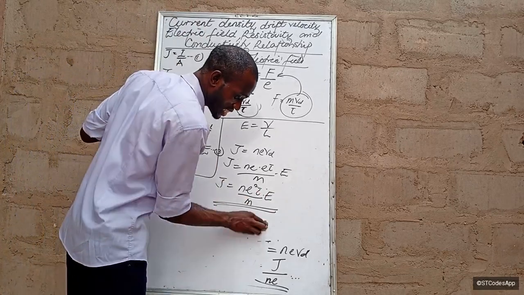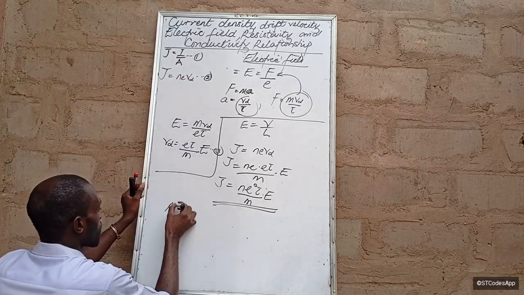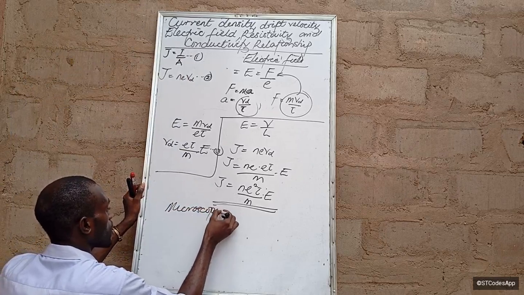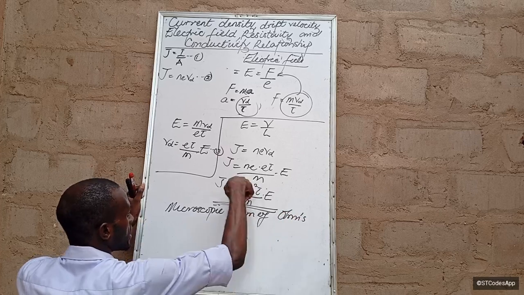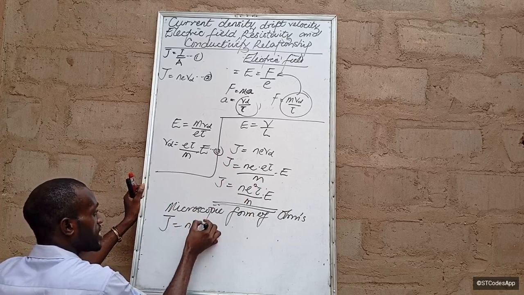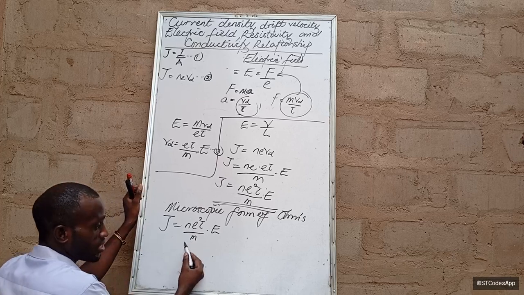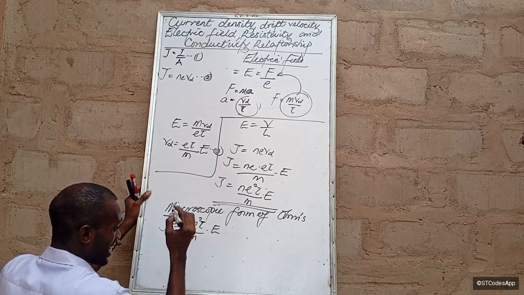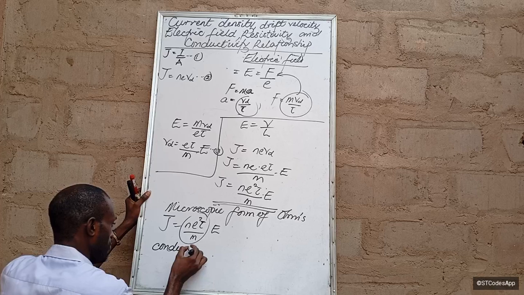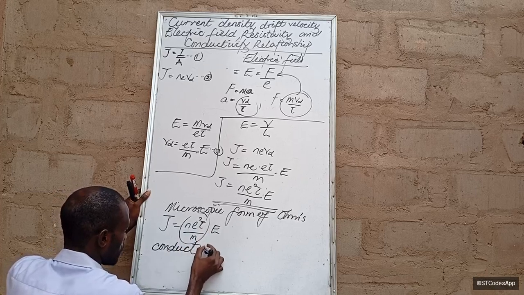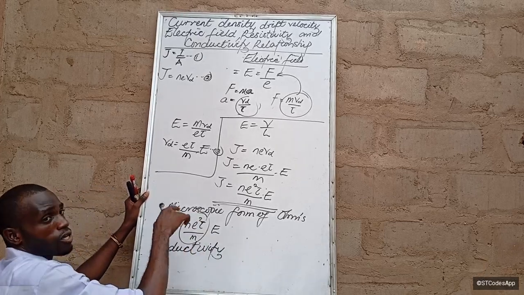Now, this leads us to Ohm's law microscopically. The microscopic form of Ohm's law is actually here. Since J, recall, is n e squared tau over m times E, all these values will be intrinsic to the wire, dependent on the wire.